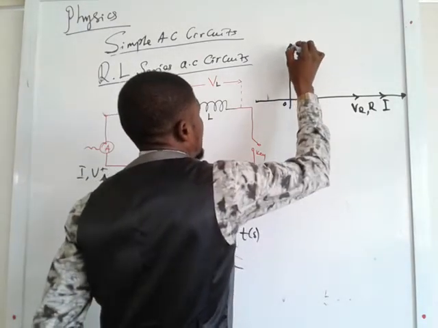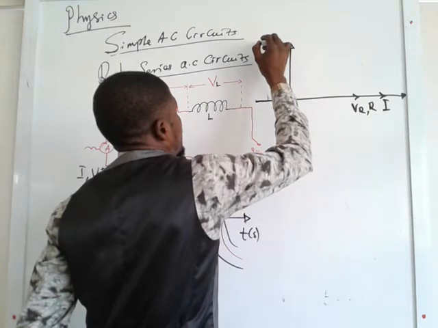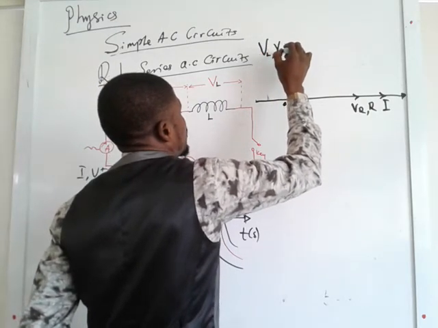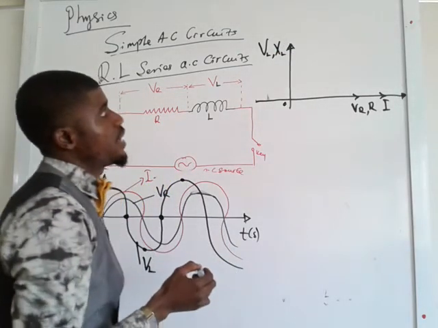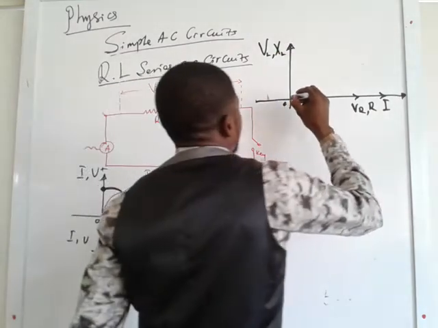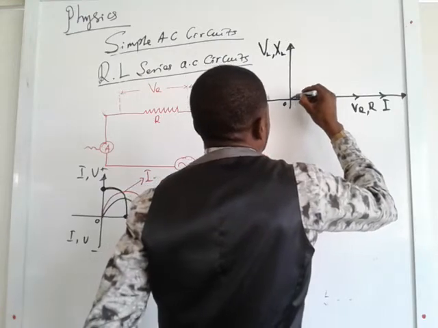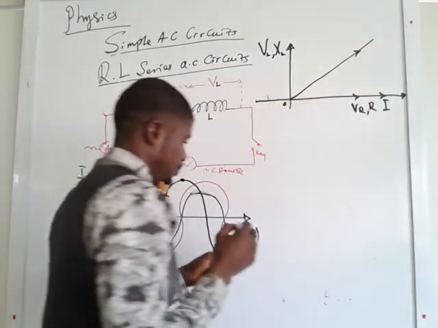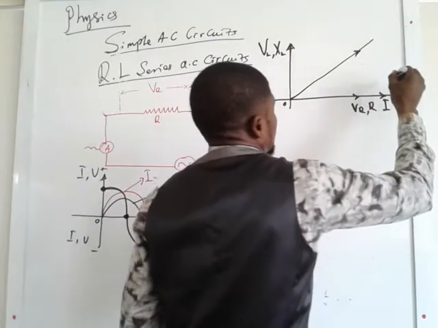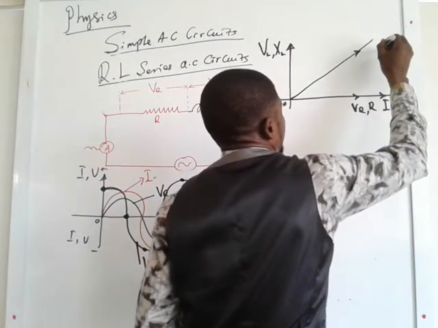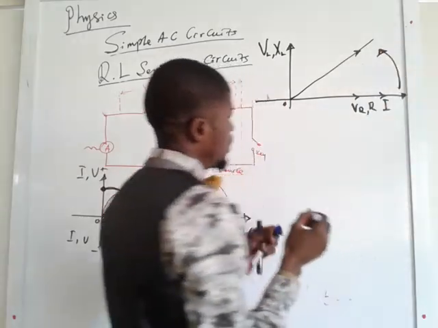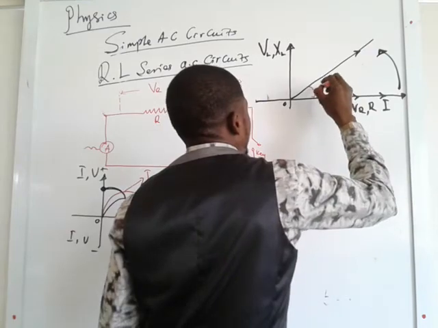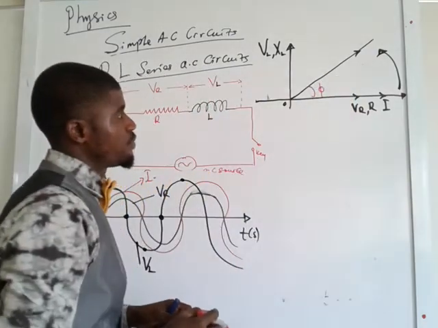Then up here will be the voltage across the inductor, the inductive reactance L. Then if you draw a straight line here with an arrow, the voltage is leading, with an angle phi, which is the phase difference.